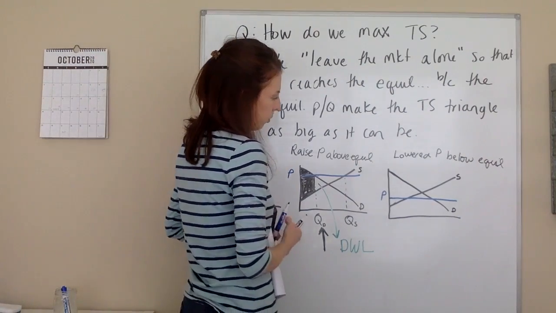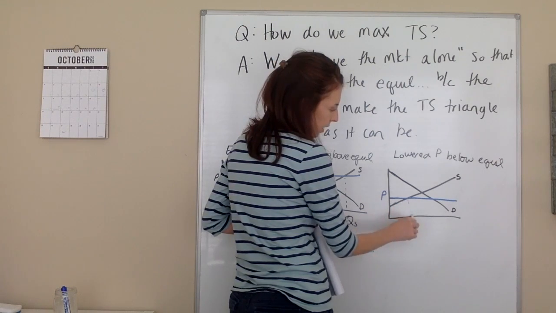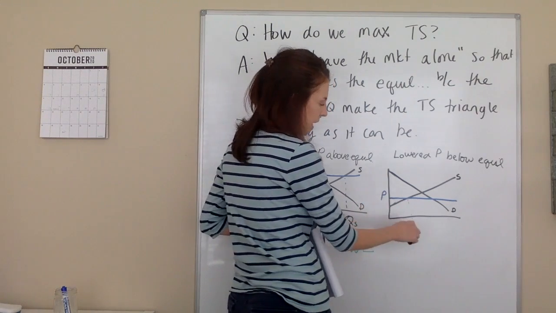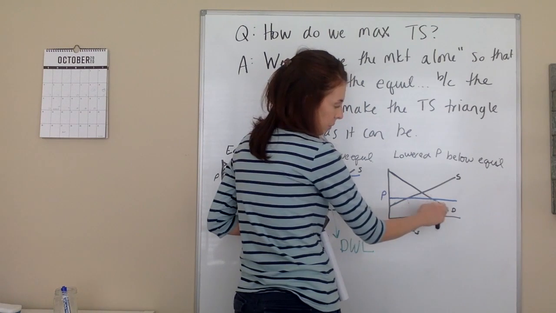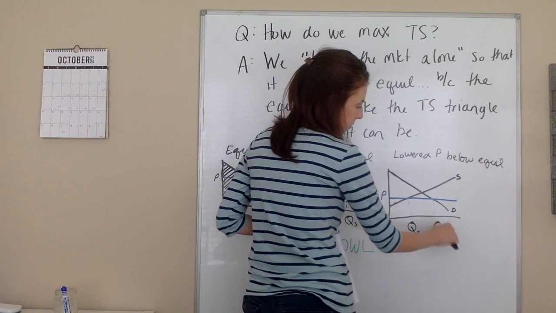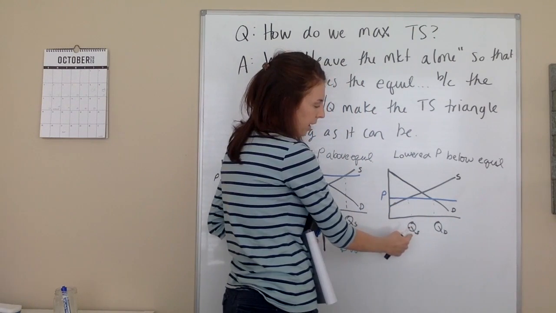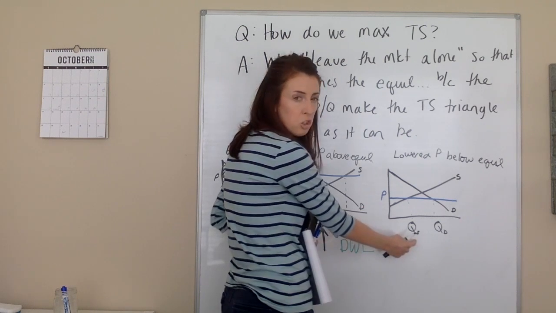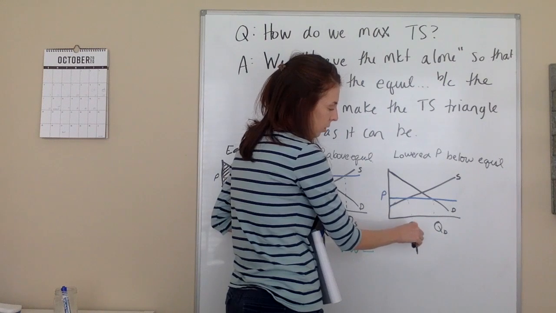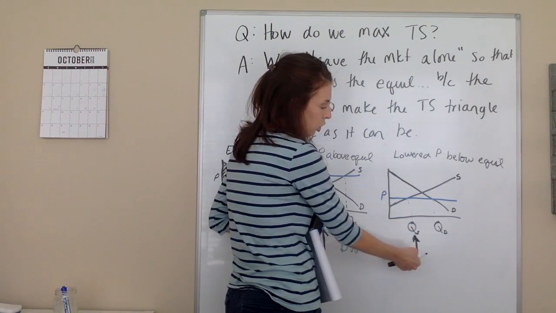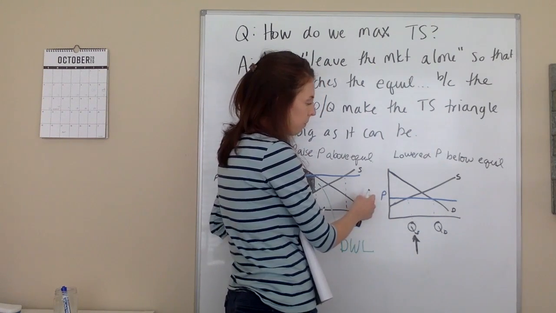If the price is down here, then at this low price, very few sellers would be willing to sell their product at that lower price. So this would be the quantity that is sold at a cheap price. Lots of people want to buy it, so this is the quantity that's demanded. We would have a shortage because the quantity demanded exceeds the quantity supplied. And since there's this constraint in the number of units that are supplied, this is the salient number for the number of units that will actually be transacted. So QS will actually be exchanged in the market, and the price is going to be the blue P.